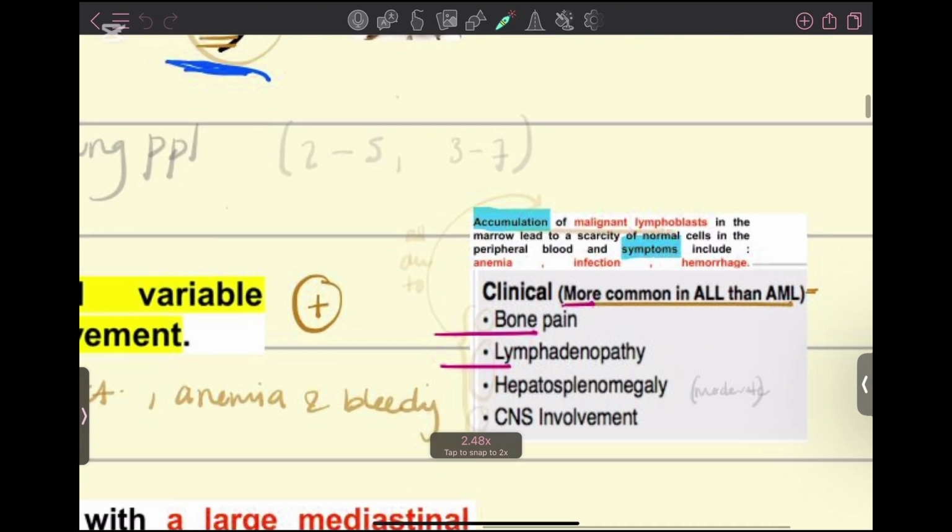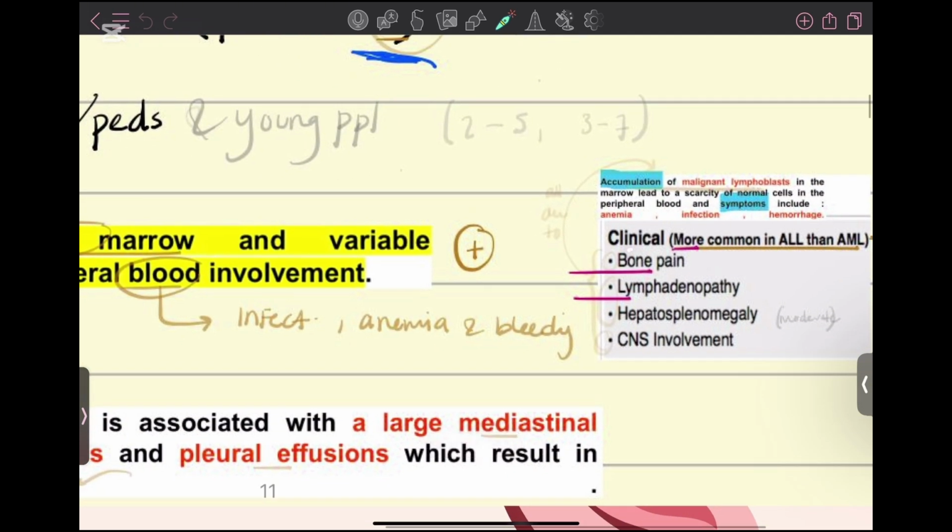Therefore you would have accumulation of malignant lymphoblasts. This would give you some manifestations like infections and hemorrhage. Why infection? Because we don't have enough WBCs produced to protect you from any infection. You would also see hemorrhage because WBCs and even platelets are not functioning well. They're not fully developed. Okay, and these are some clinical manifestations.